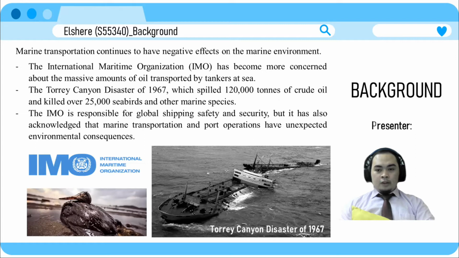The International Maritime Organization, or IMO, has become more concerned about the massive amounts of oil transported by tankers at sea. This is due to the Torrey Canyon disaster in 1967, which spilled about 120,000 tons of crude oil and killed over 25,000 seabirds and other marine species.